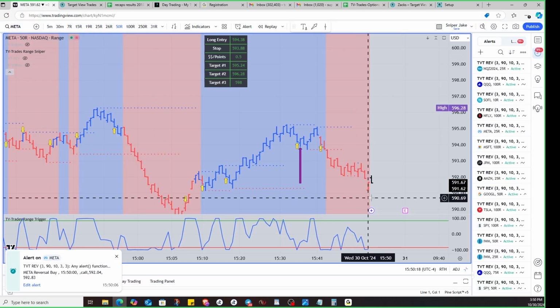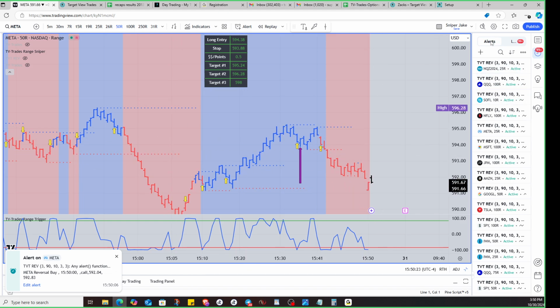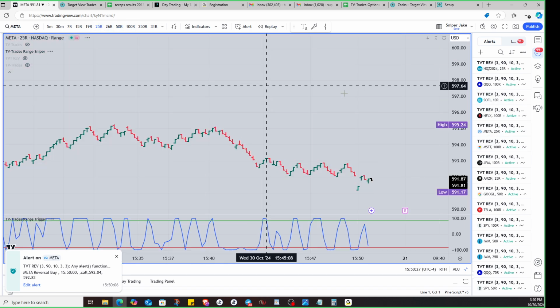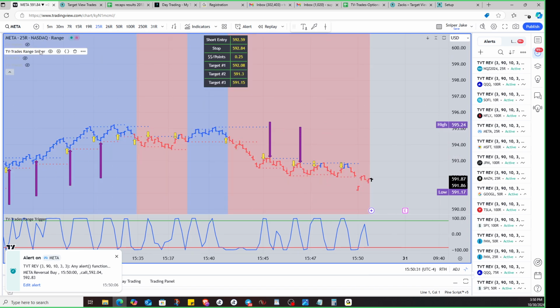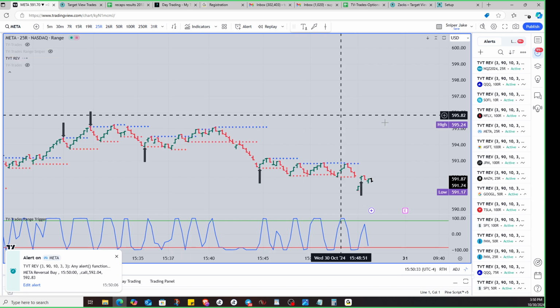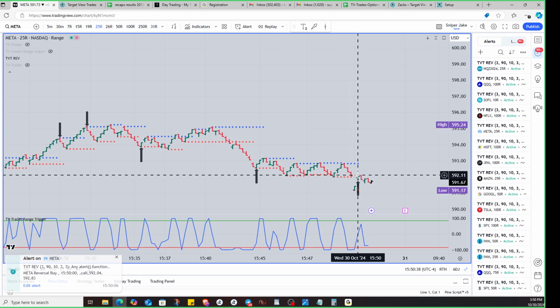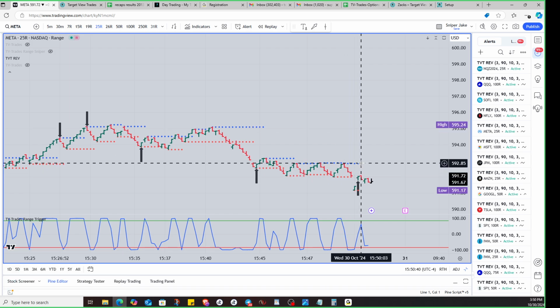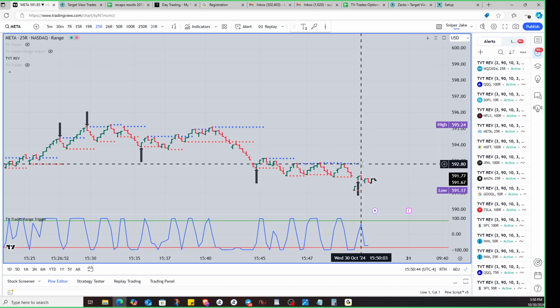Now that was Meta, on a 25 range. I guess it was on this time frame, and it was suggesting from this time frame that it's going to move up. You would expect it to get up to this level right here. It was suggesting buy right here and expect it to get to here.